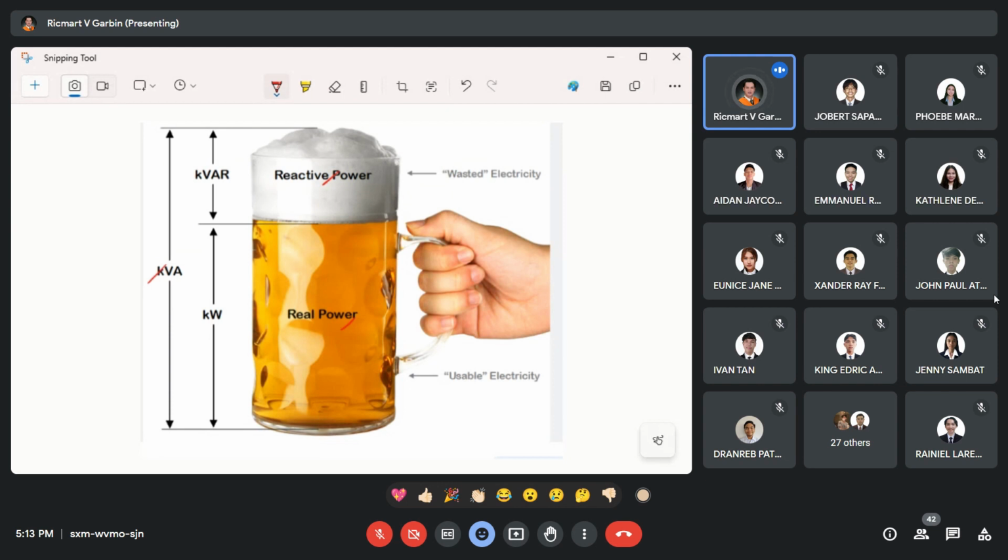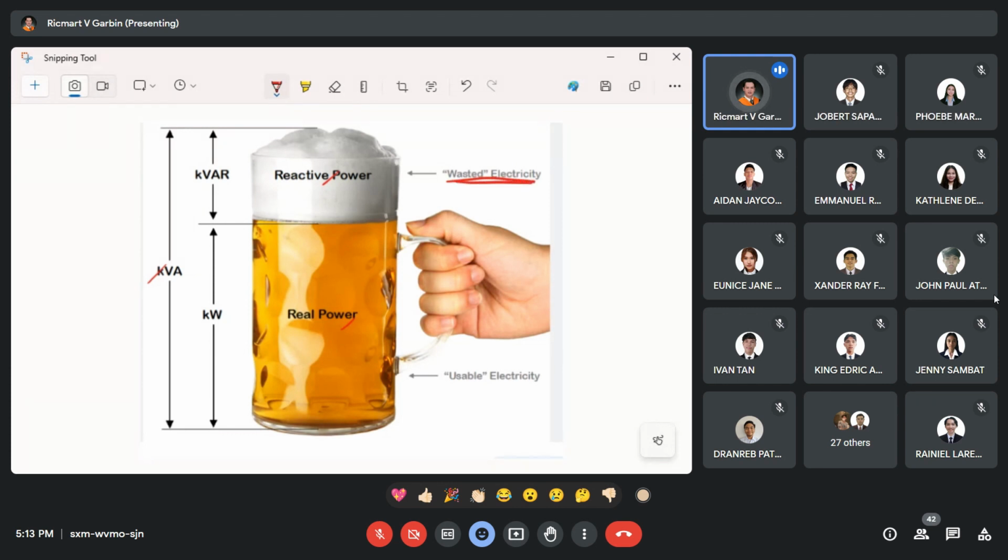Kapag yung real power natin, ito daw yung usable na energy. Ito lang yung nagagamit. Yung reactive power, yan yung bula-bula ng beer na hindi naman na-enjoy ng nainom. Kasi hindi ako nainom ng beer. So, reactive power, yun daw yung tinatawag nating wasted energy or electricity.